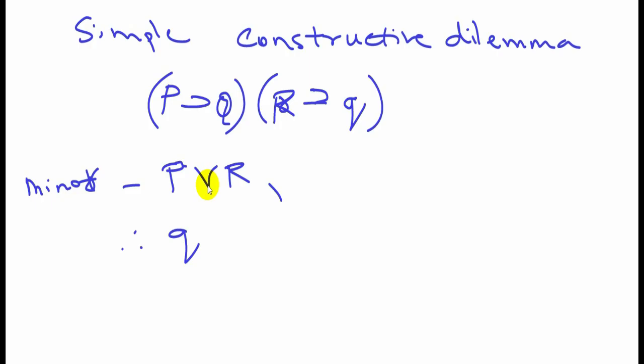So, in this kind of dilemma, that is the simple constructive dilemma, the minor premise affirms the antecedents, and the consequence in the major premise are identical, that is, common. So let me just write this again properly.